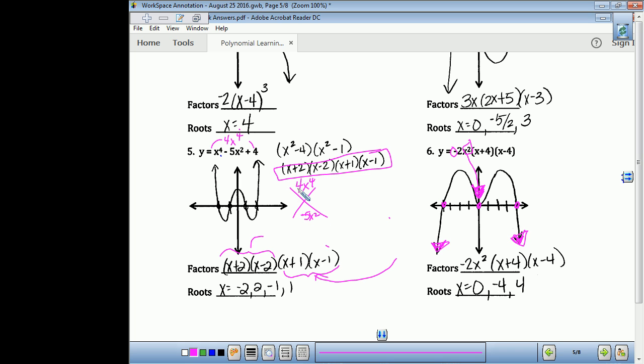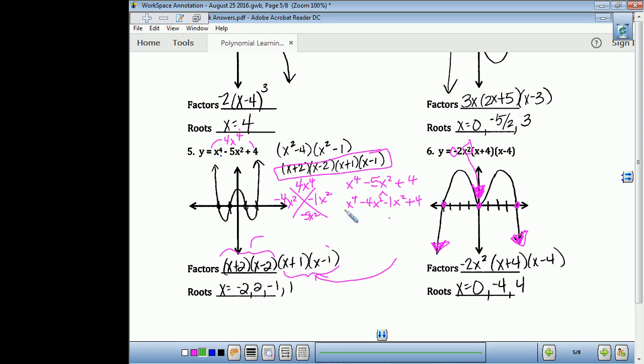So what can I multiply to get positive 4x to the 4th and I can add to get negative 5? Negative 4x squared, and negative 1x squared. So we're going to take the middle term, which was negative 5x squared, and we're going to break it into negative 4x squared and negative 1x squared.